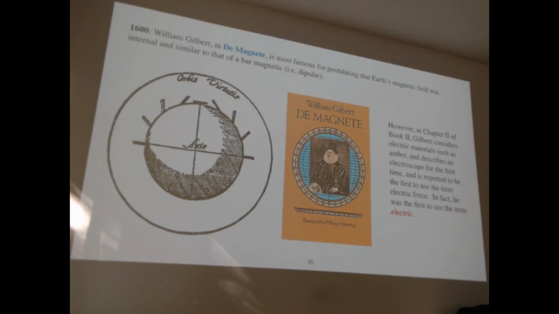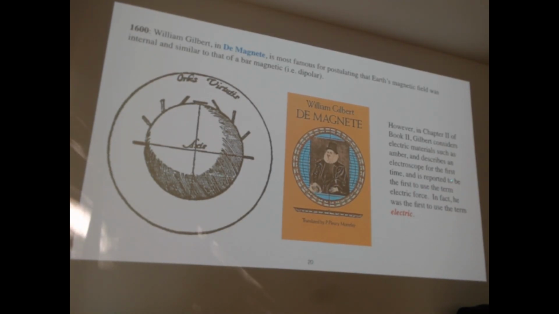So that's a really famous picture. And it's the picture on the award that the American Geophysical Union's Geomagnetism, Paleomagnetism, and Electromagnetism Society uses, the Gilbert Award.